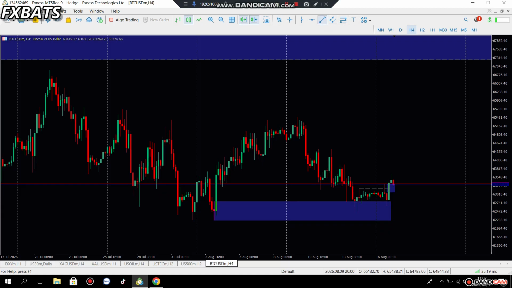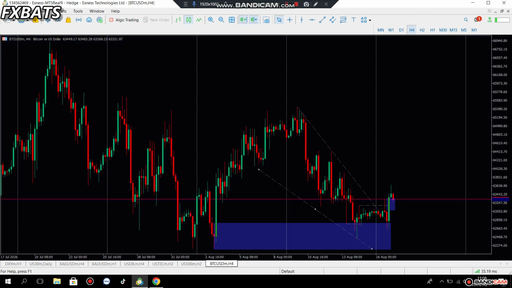So what we have to do, this is all our low resistance liquidity, buy side liquidity. You can still call it trend line liquidity, because if you connect all these low resistance areas of liquidity, you can come up with this trend line liquidity, or you can come up with this falling wedge. Price has broken out, which means we're now bullish.